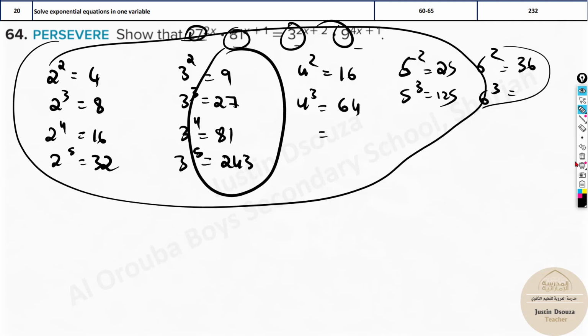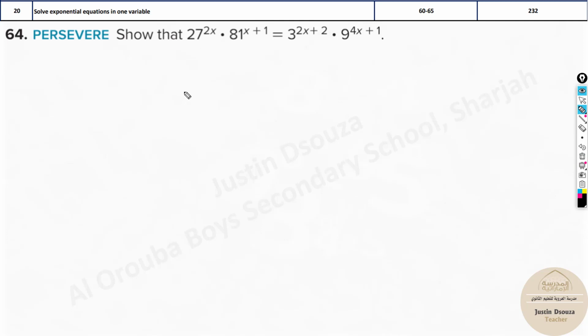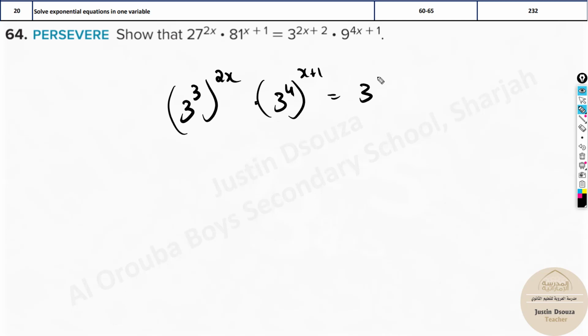Now what does this mean exactly? Instead of 27 I'll write 3 to the power 3, and then I'll write the exponent that was originally there as a power. 3 to the power 4 is 81. Then write x plus 1. 3 as it is, the base is the same. 3 to the power 3 only, okay? 2x plus 2, multiplied by 3 squared, the whole to the power 4x plus 1.